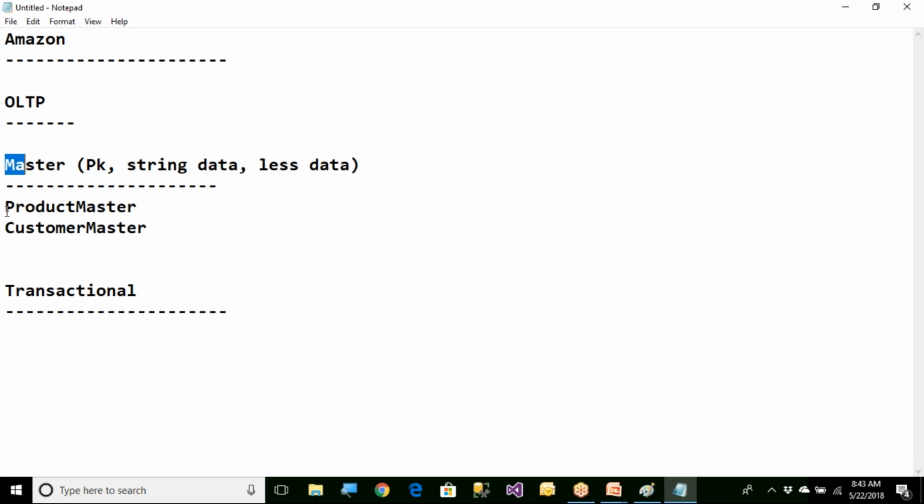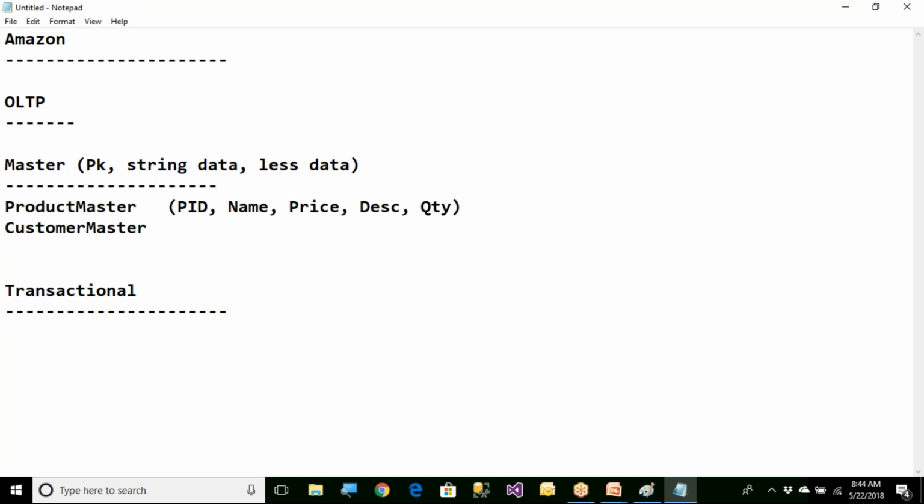Master tables will have primary keys. For example, I take a couple of columns here: product ID, name of the product, the price of the product, and you may have some description about the product, and a quantity on hand, something like this. So how many products you have as of now? These are some of the columns in this table, and here the product ID would be the primary key.